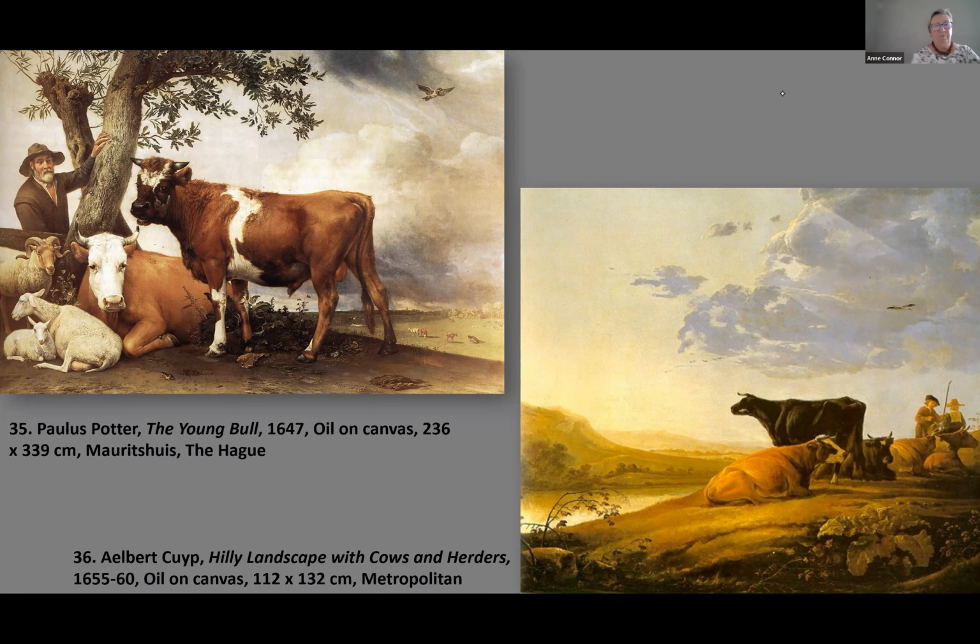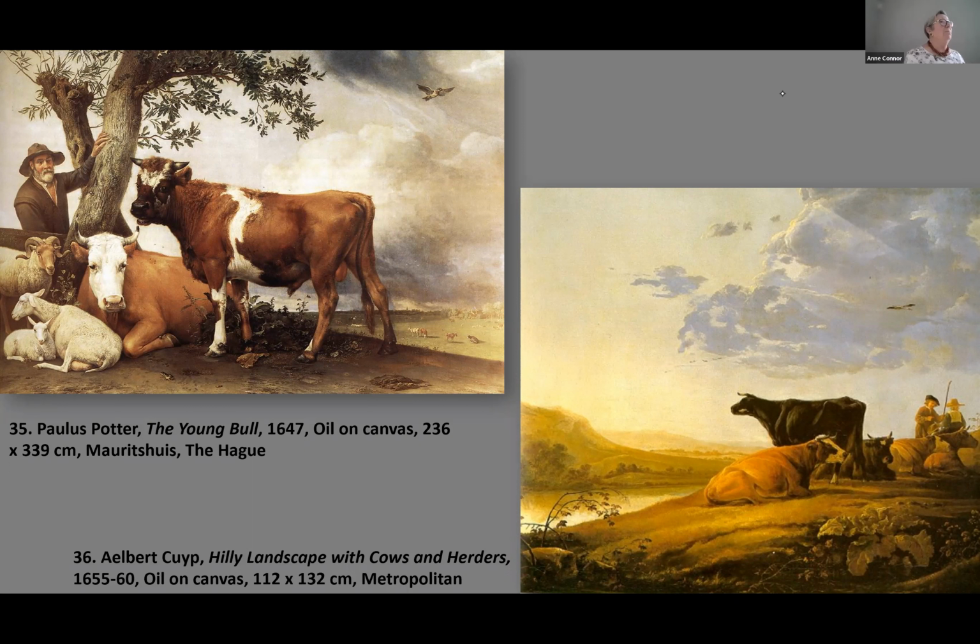The young bull was one of the paintings taken from the collection of the Stadtholder, who was the king already at that time in the Netherlands, and brought to Paris. And when Napoleon stepped down in 1815, the French didn't want to send that painting back. They had fallen in love with that painting completely.